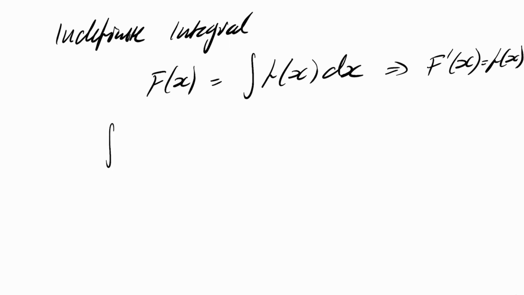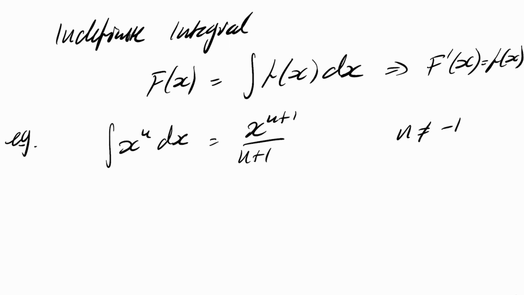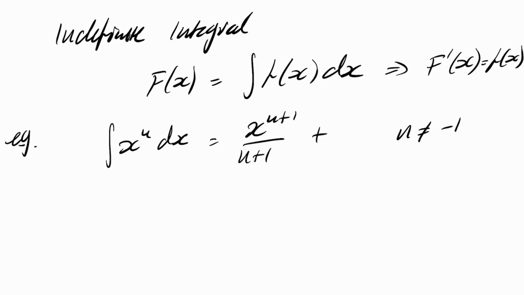Examples include the integral of x to the n dx is x to the n plus 1 over n plus 1, because if I differentiate x to the n plus 1, I get a factor of n plus 1, which leaves me with just x to the n. And note that because it's an indefinite integral, it represents the family of antiderivatives of x to the n, so I must add on an arbitrary constant here.